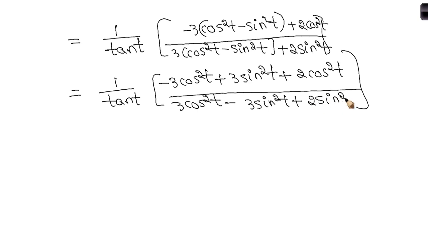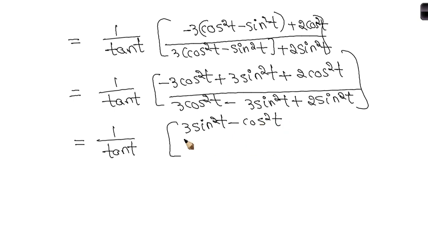So if we simplify it further, we get 1 upon tan t into 3 sin square t minus cos square t upon 3 cos square t minus sin square t.